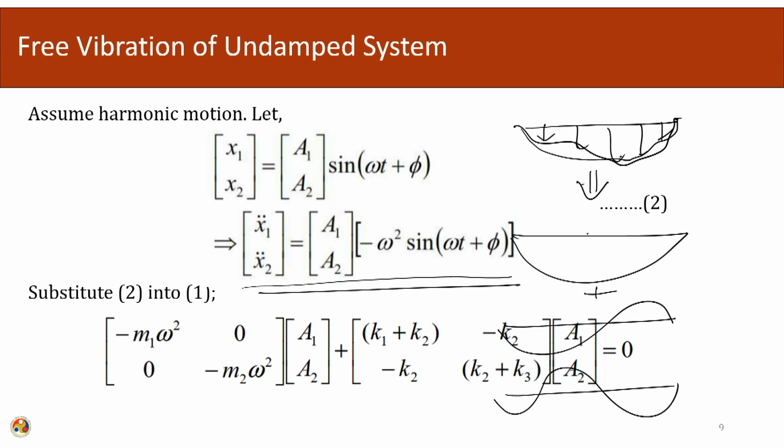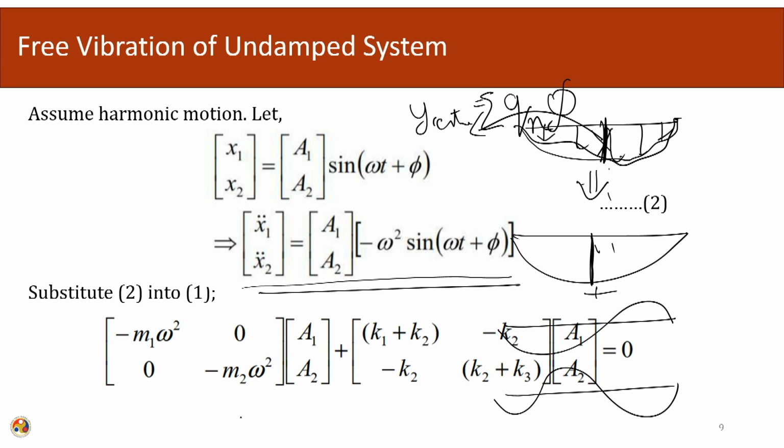So, if we are looking at any chosen degree of freedom, let us say we are looking at the center only. If you are looking at this point, y center will be a function of the amplitude part times the shape function part, and it will be summed over all the modes.